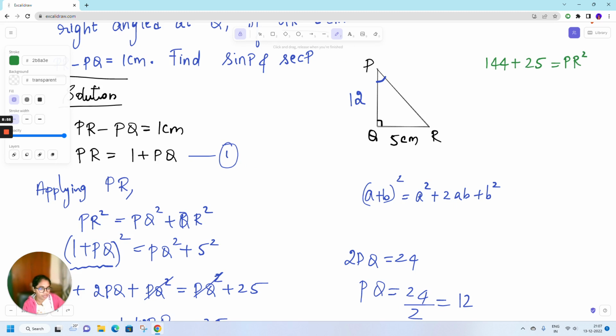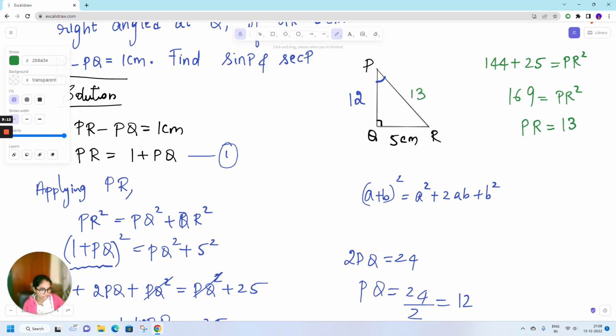What is 144 plus 25? That would be 169. If PR squared is equal to 169, PR would be the square root of 169, which is equal to 13.